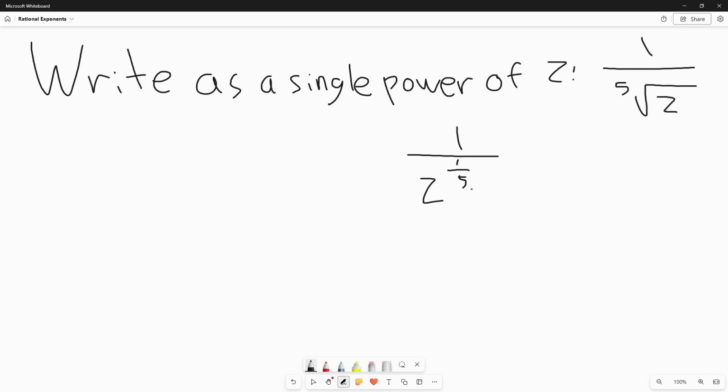However, since the numerator in this fraction is 1 and the denominator is a number raised to a power with nothing else, we can rewrite this as 2 to the power of negative 1 over 5. And this is a single power of 2, so we have solved the problem. So 1 over the 5th root of 2 is equivalent to 2 to the power of negative 1 over 5.